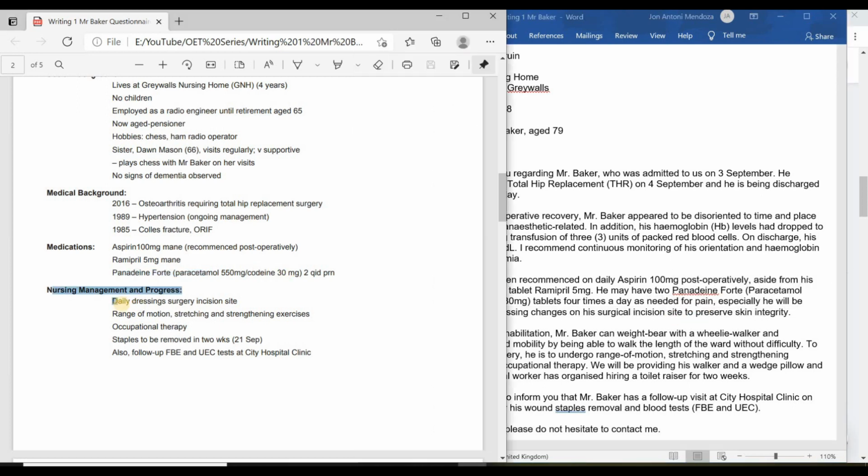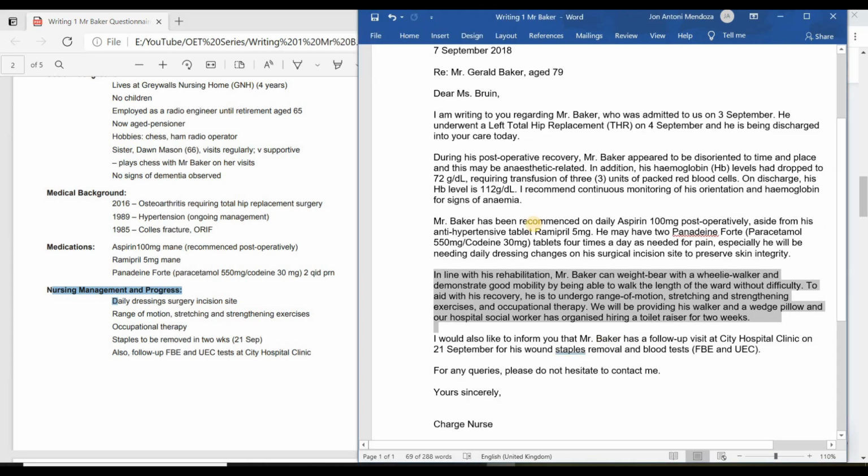So I've started touching the nursing management part in our test booklet. So going to the fourth one, I've decided to talk about rehabilitation because that's one of the nursing management and discharge planning for the patient. So in line with his rehabilitation, Mr. Baker can weight bear with a wheelie walker and demonstrate good mobility by being able to walk the length of the ward without difficulty.